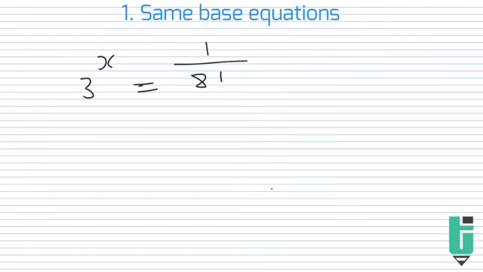As I said, the left side is fine as it is, so we're going to have to manipulate the right side. But what can we do on the right-hand side? Well, as we've learned in our previous rules, what we can do with 81, we don't really want to have a fraction because we want to find a base raised to some exponent.